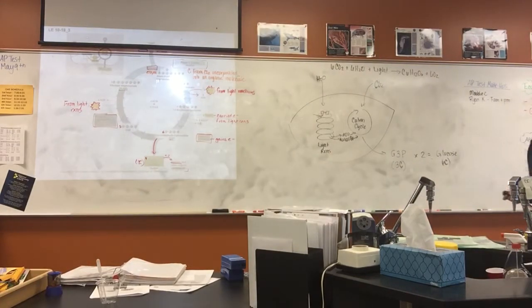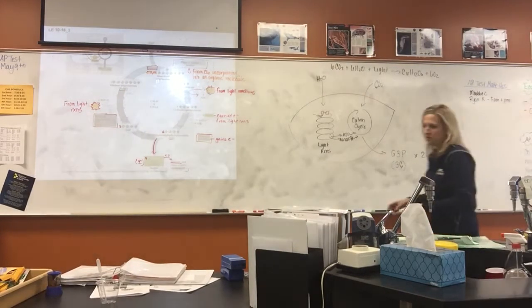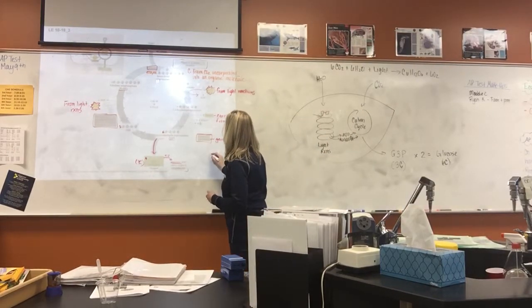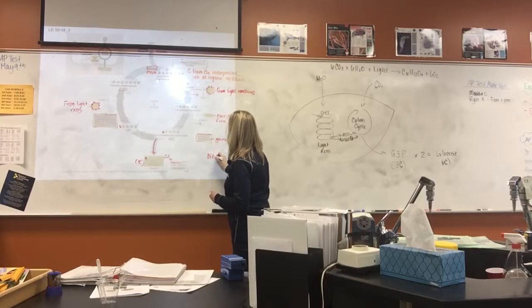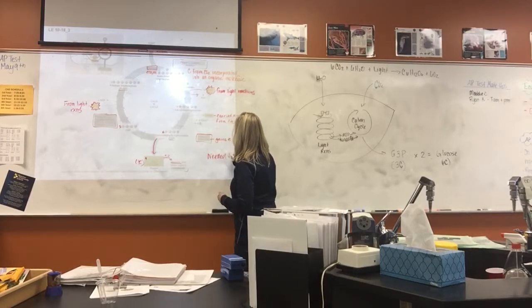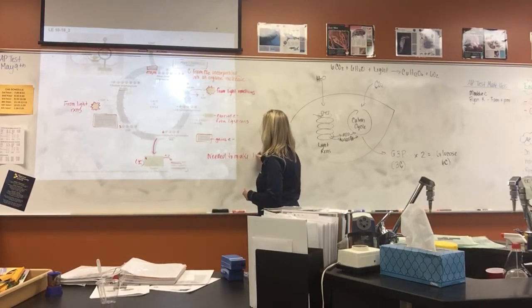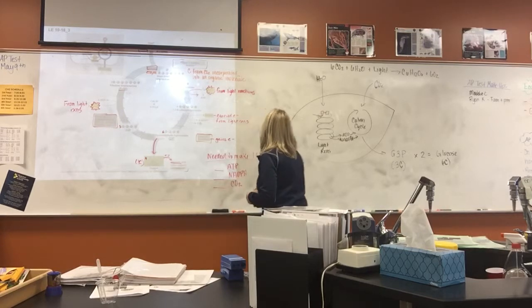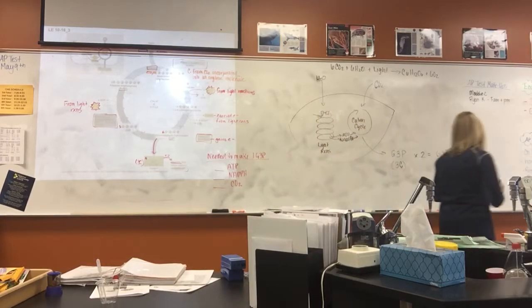All right? So let's do some totals here. Let's say what is needed to make 1 G3P. So if we total something, what do we need? We need some ATP. So how many ATPs do we need? You need NADPH and you need CO2. So put some numbers in front of there.